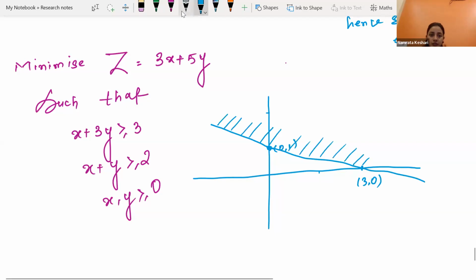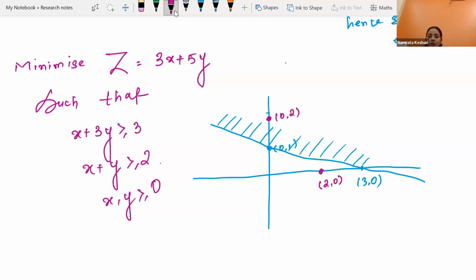Now I'm using a different color. When x is 0, y is 2. And when y is 0, x is also 2, right? Yes.